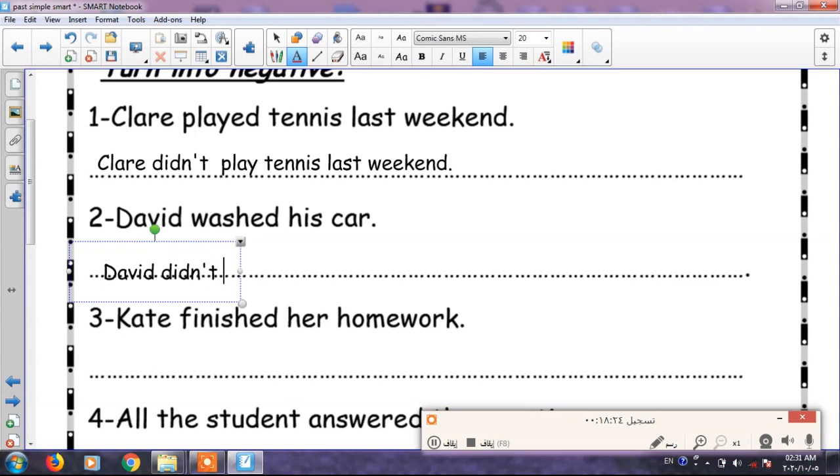Didn't wash the car. I put didn't and I put the verb as it is in the infinitive form. His car. Okay.